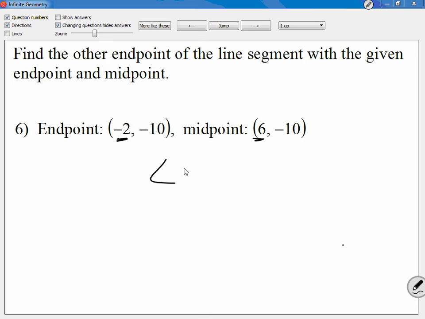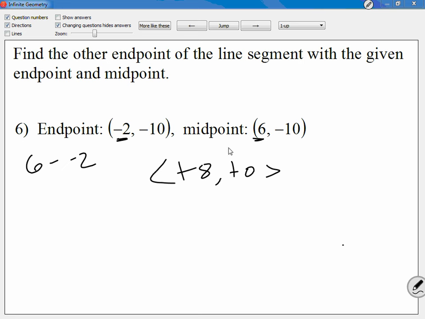Add 8. If we were not quite sure, do a reverse subtraction: 6 minus a negative 2, and that's how you get your add 8. Now on the y's, what do you do to negative 10 to make negative 10? Add 0. So now that you know your rule, do that rule to the midpoint.